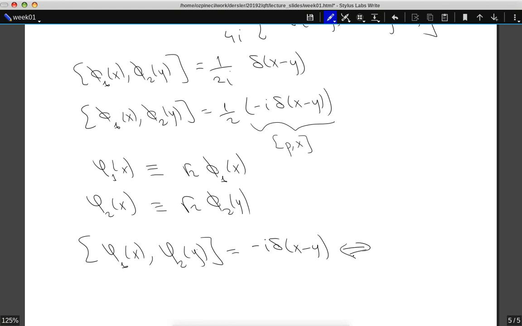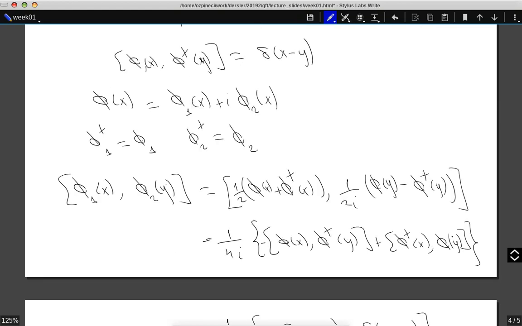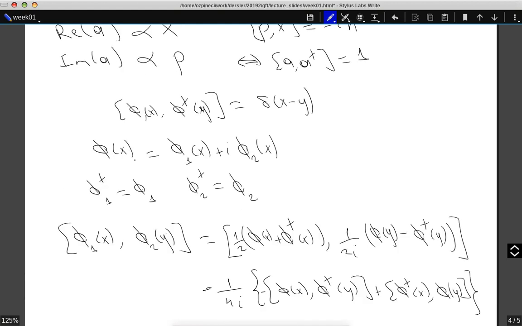Which is analogous to p x is equal to minus i. So let's see if I made a mistake somewhere. So this is how I define the phi's.